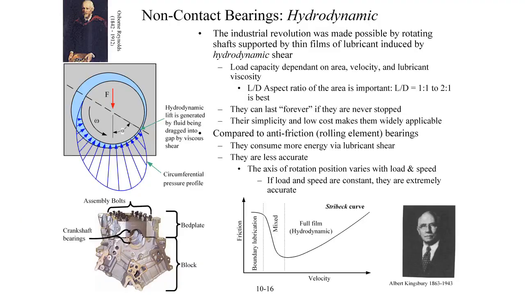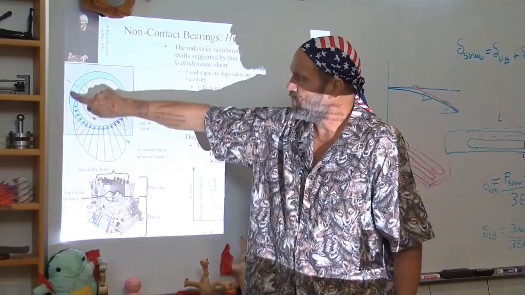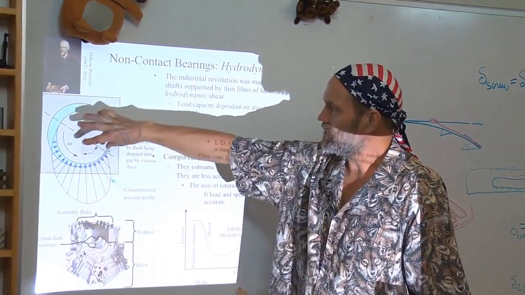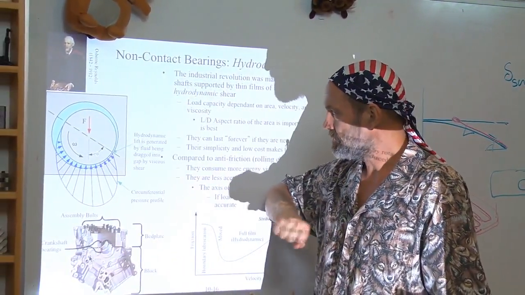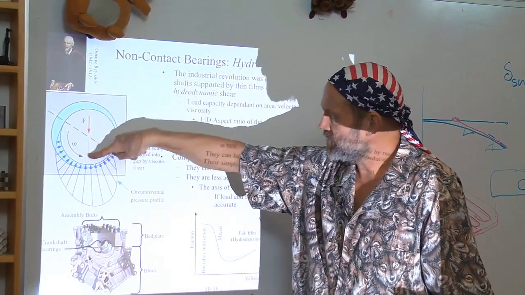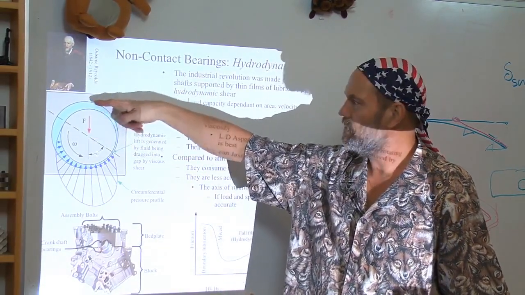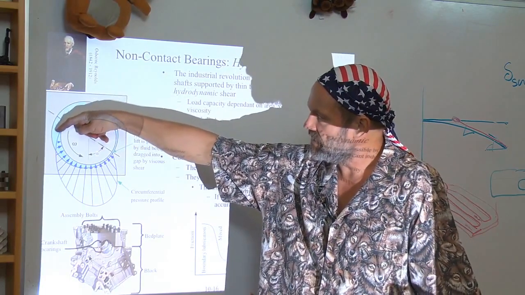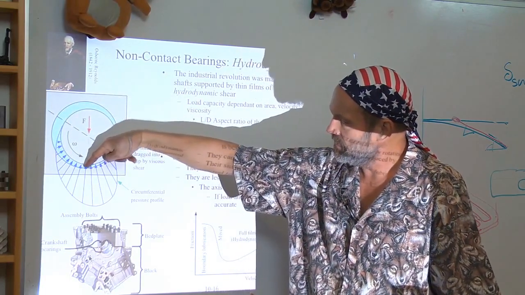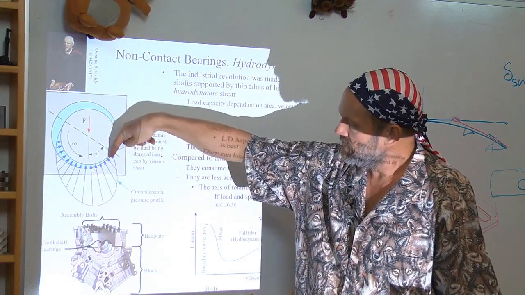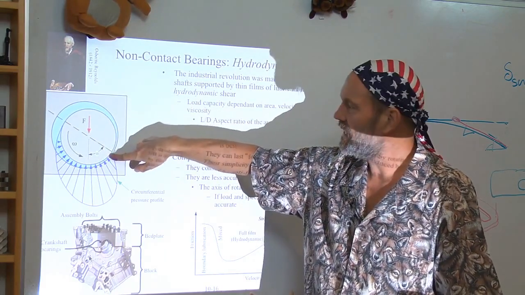That's hydrodynamic lubrication. What happens in hydrodynamic lubrication is, for example, you have a bore and a shaft in the bore, and as the shaft is spinning, due to the viscosity of the fluid, it's going to drag fluid in and form what's called the hydrodynamic wedge.